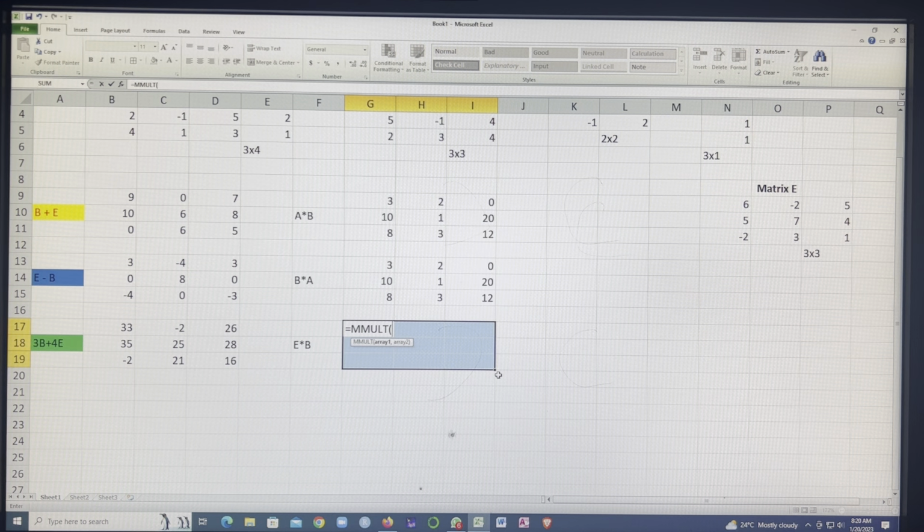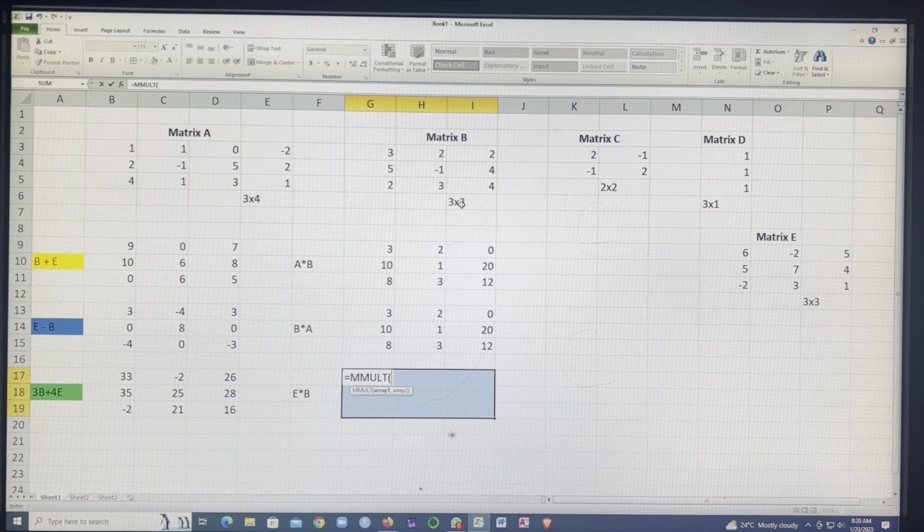Then they're telling me to put the array 1, comma, array 2. So I should put the two arrays that I'm dealing with. So it is this one. That's the first one. So this one I'm not putting times. I put comma. Then I come to this matrix. I close parentheses. Then again, Control Shift.